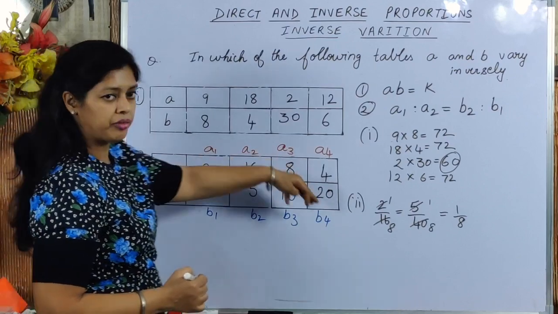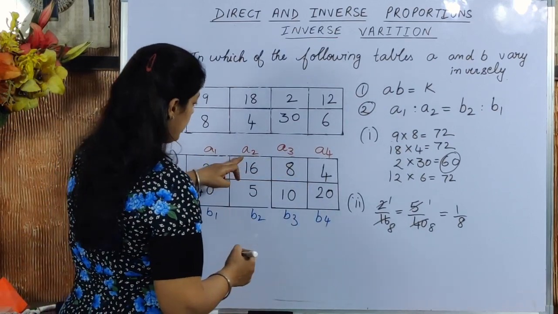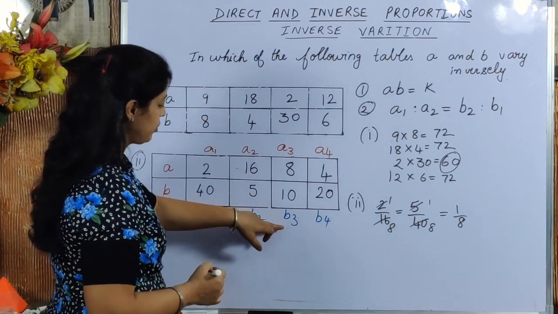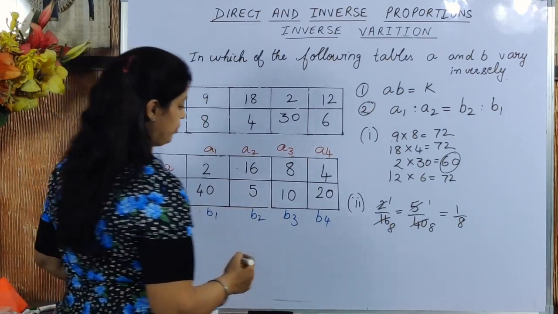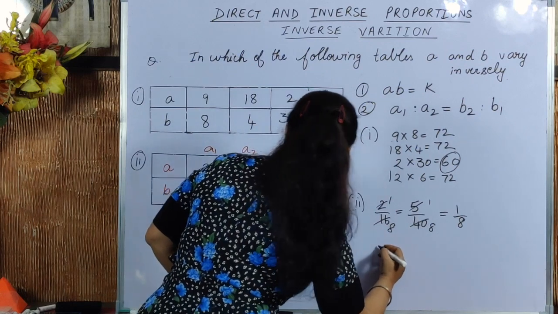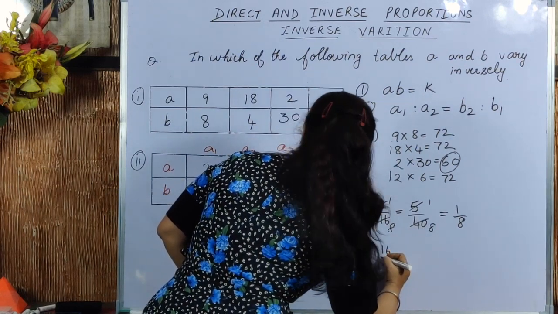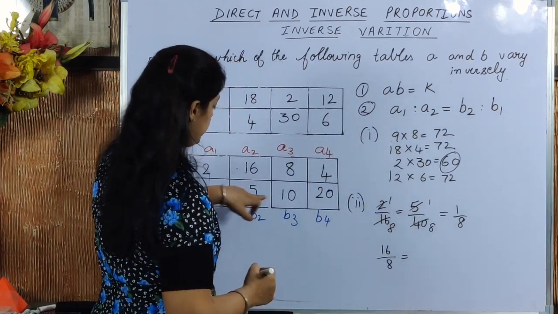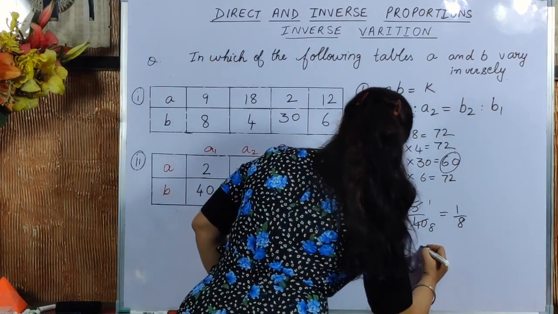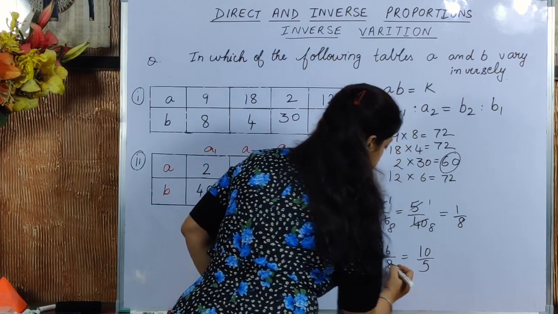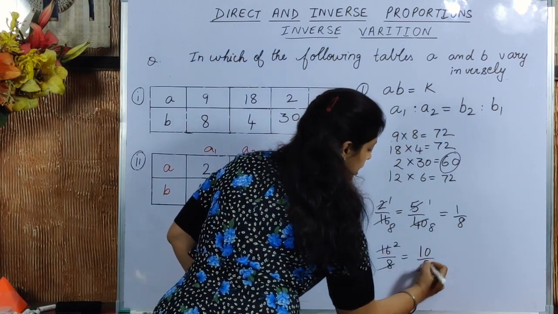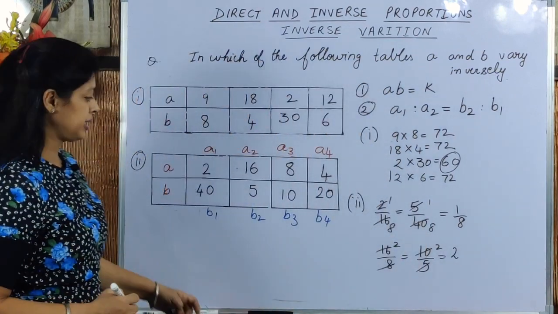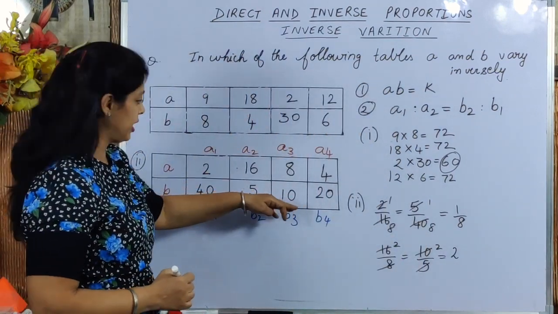Now, I check for the other values also. I take A2 to A3, and check whether it is equal to B3 to B2. So A2 is 16 to A3, 8, should be equal to B3 to B2, that is 10 upon 5. 8 ones are 8, 8 twos are 16; 5 ones are 5, 5 twos are 10. So both the ratios are equal to 2. Since they are equal, again they show an inverse variation.